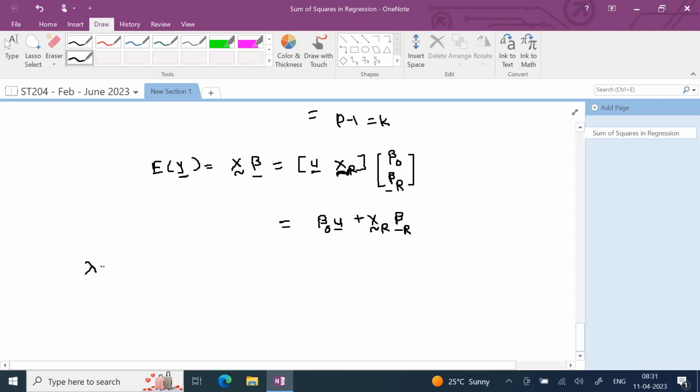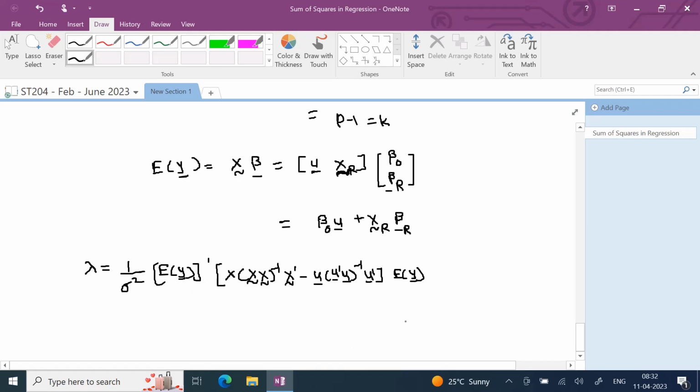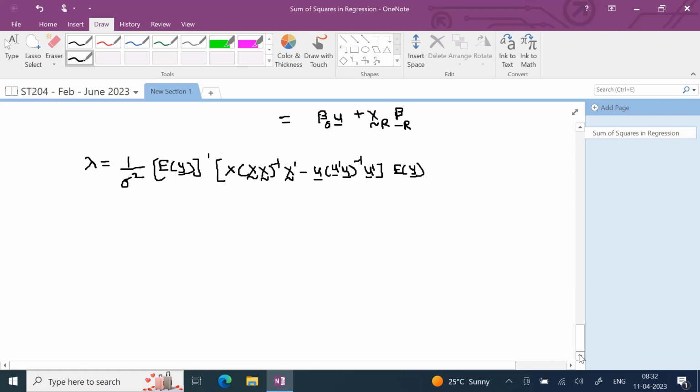So my lambda becomes 1 by sigma square, expectation of y whole prime into the big matrix, X prime X whole inverse X prime minus U prime U whole inverse U prime, into expectation of y. So mu prime, mu is expected y, then the matrix, and then mu. That is my non-centrality parameter.